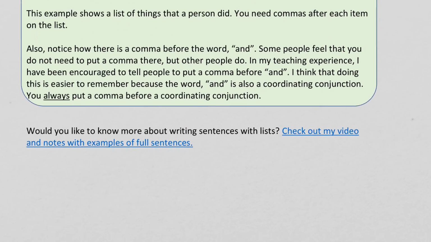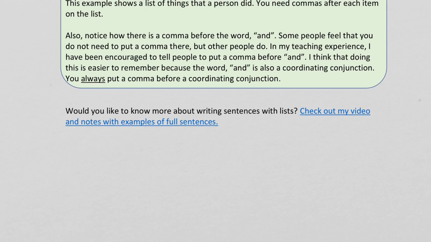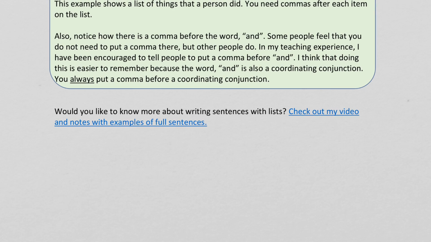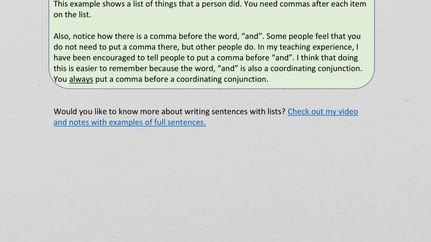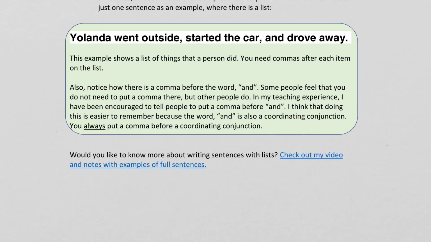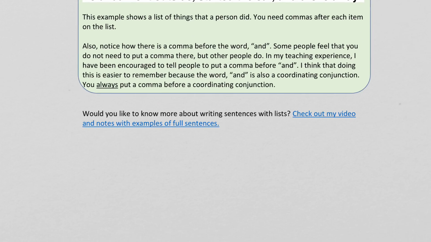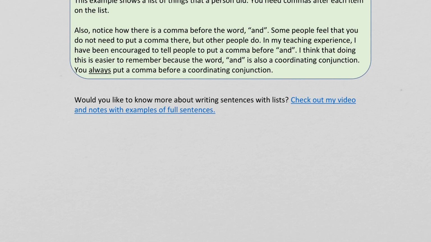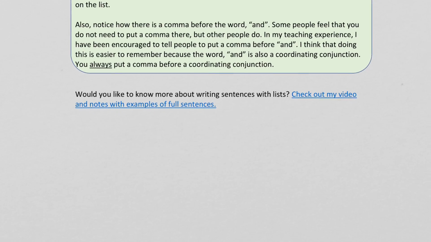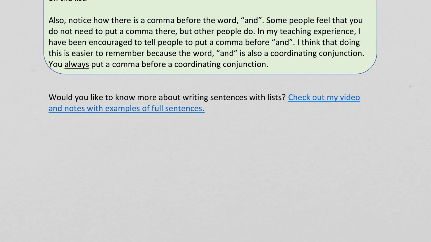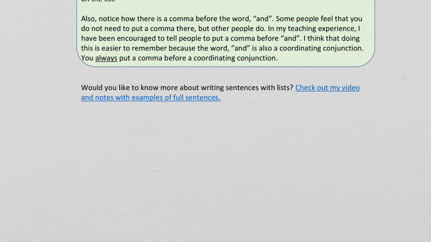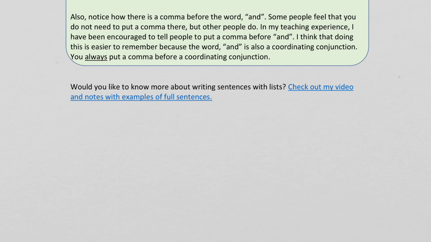Right? Now, I just wanted to make a quick note on this because some people feel that you do not need to put a comma before the word and. In this case, you absolutely have to, but maybe if you said, my favorite colors are pink, blue, and purple, right? Maybe you wouldn't put a comma before and in that sentence. Now, in my teaching experience, I have been encouraged to tell people to put a comma before and.